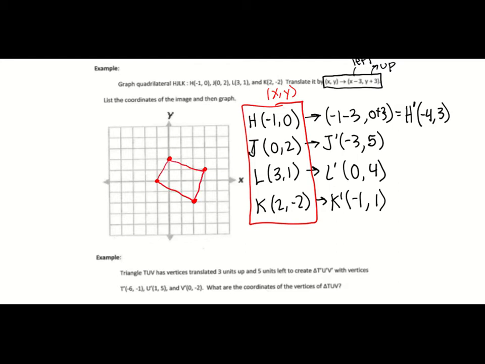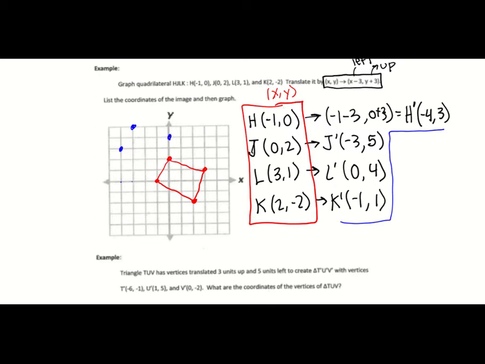Now I'm going to graph my translation. And remember, these points over here are my translation. I have -4, so count 1, 2, 3, 4 to the left, up 3, 1, 2, 3. -3, 5: 1, 2, 3 left, up 5, 1, 2, 3, 4, 5. 0, 4: 1, 2, 3, 4.